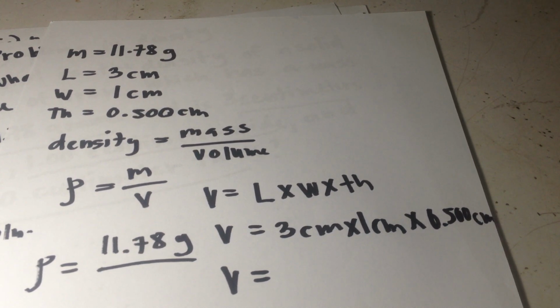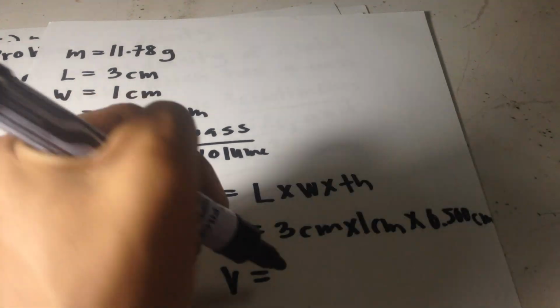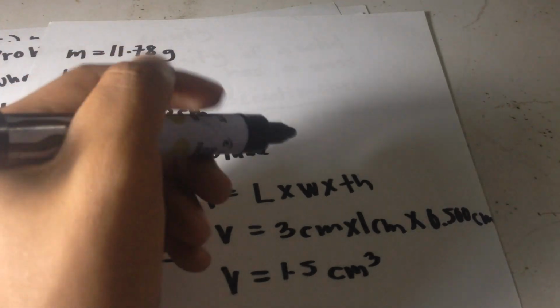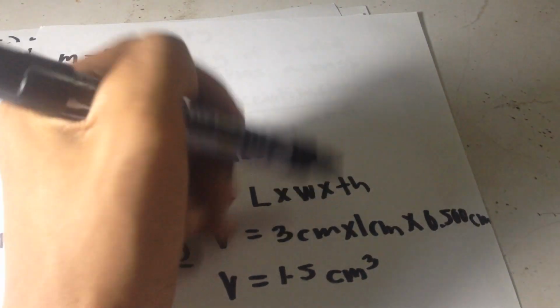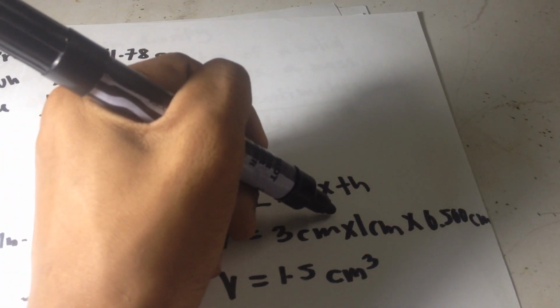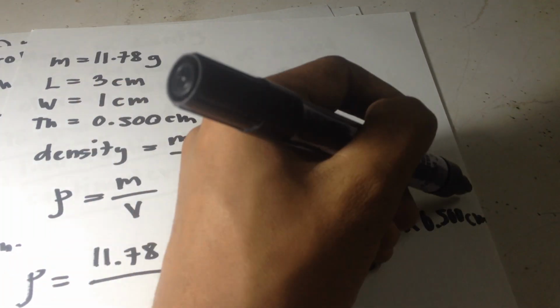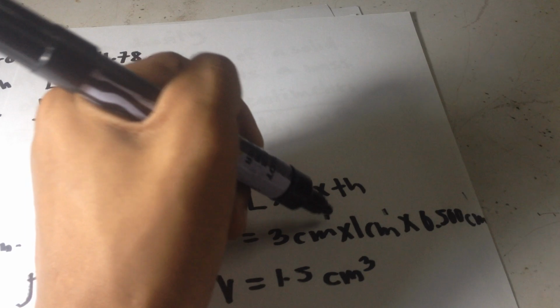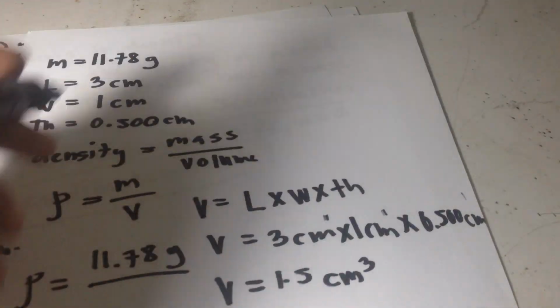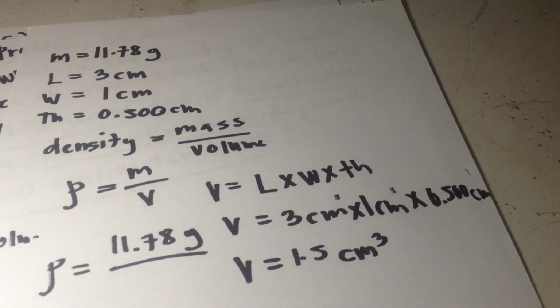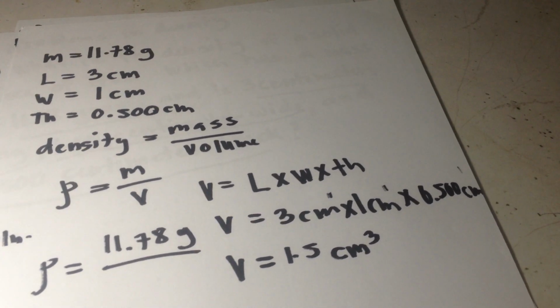The answer is 1.5 cubic centimeters. You need to multiply the units too: the centimeter is raised to the power of 1, so you add 1, 2, 3. So it's 3. That is already discussed in algebra in the laws of exponent.